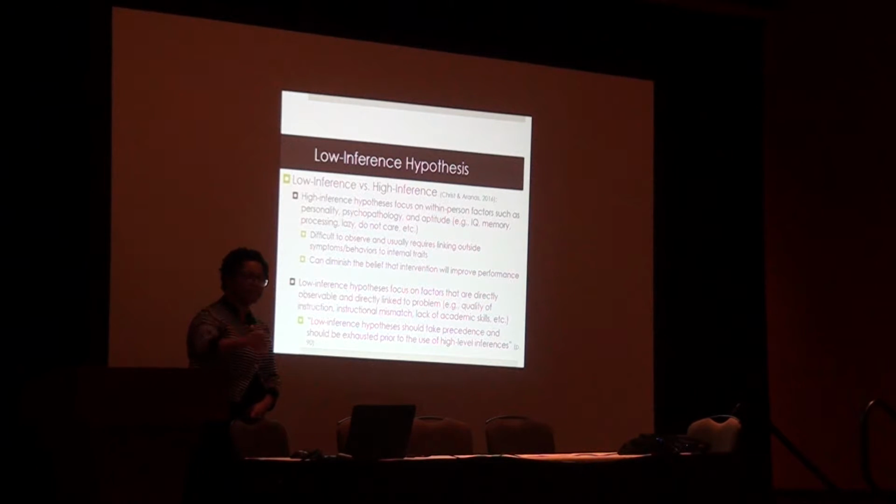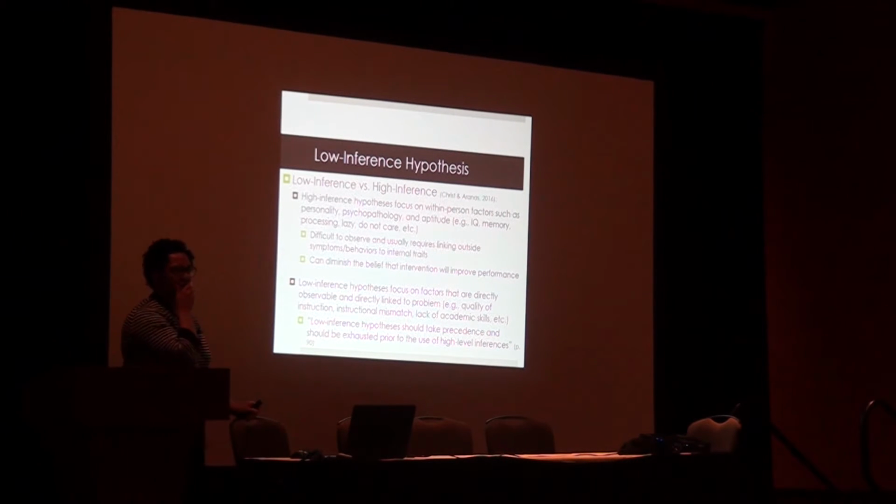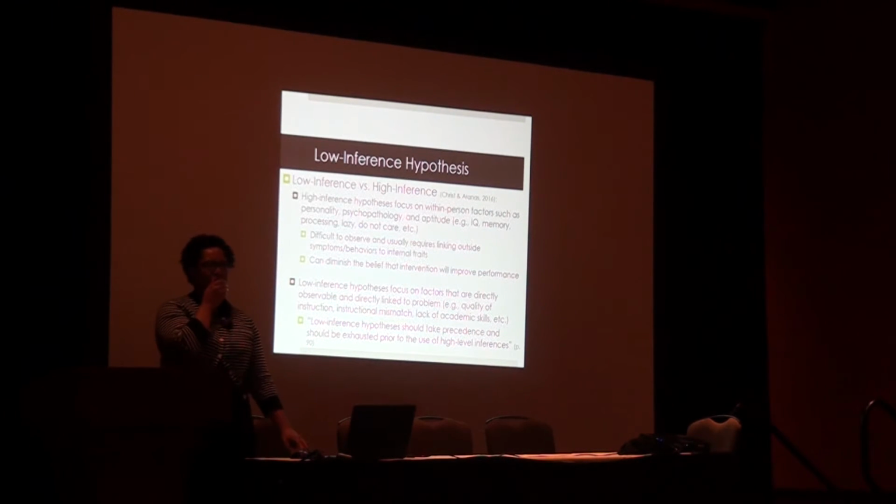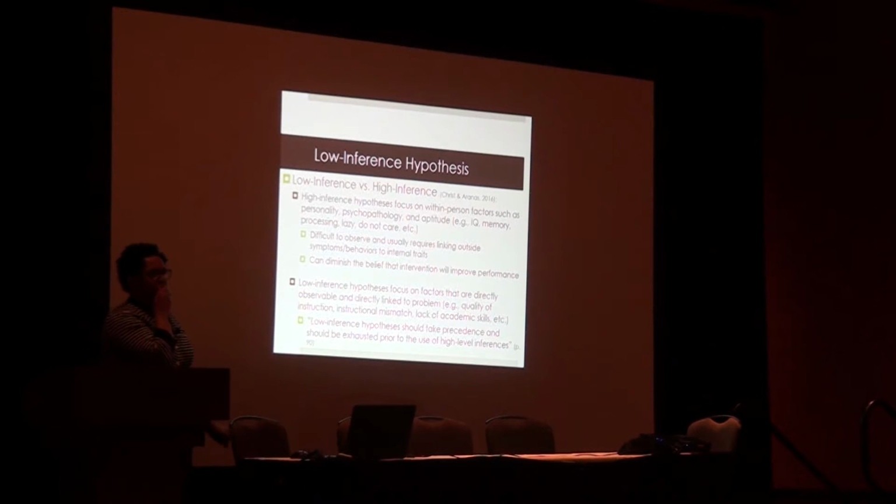That is most proximal to what the concern is happening in the classroom, in the school. We have control. We can change these things. Thoughts about this? Low inference versus high inference. We're good?